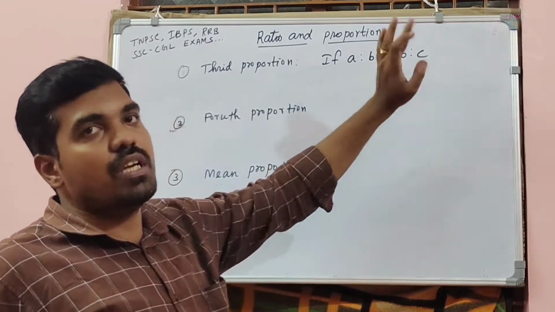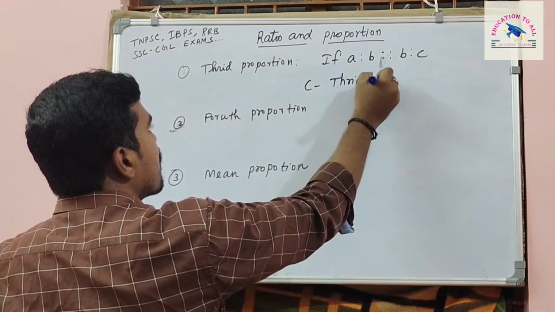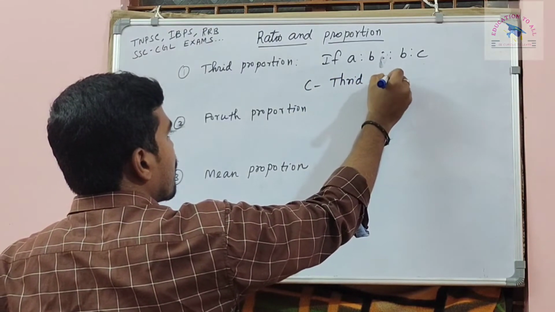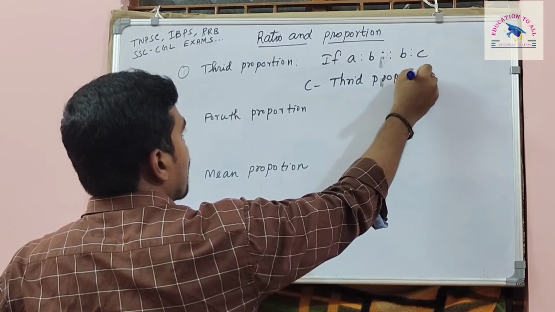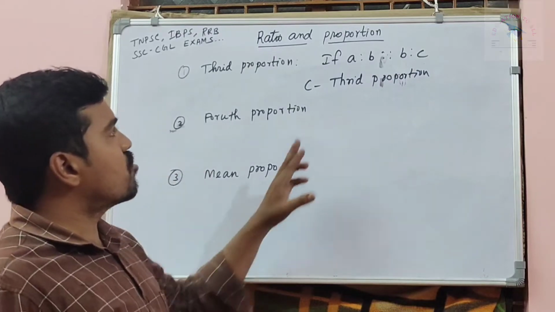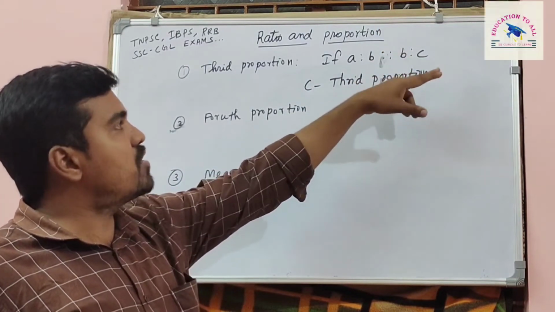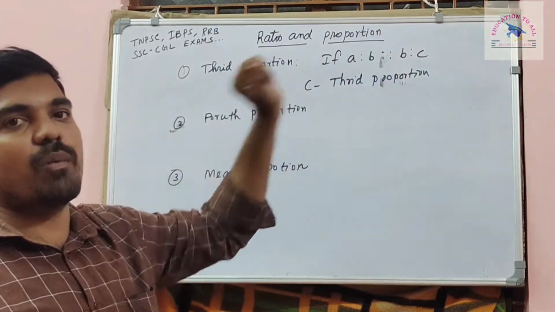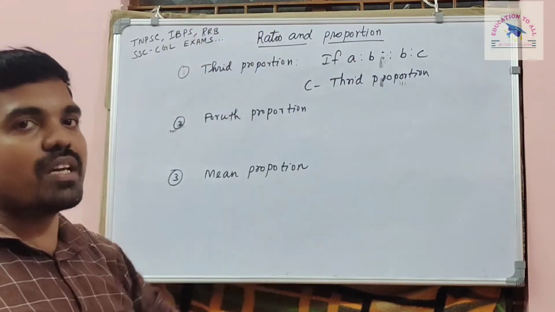B is to C. Then C is called the third proportion. You have to understand the continuation of B; three terms exist.